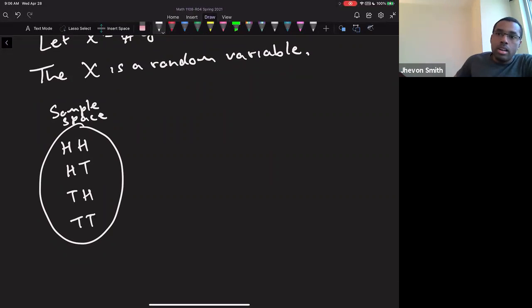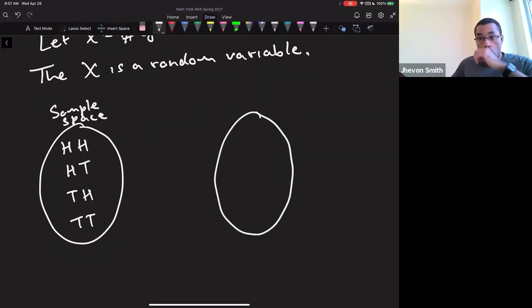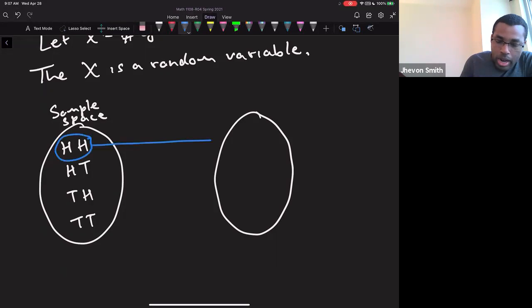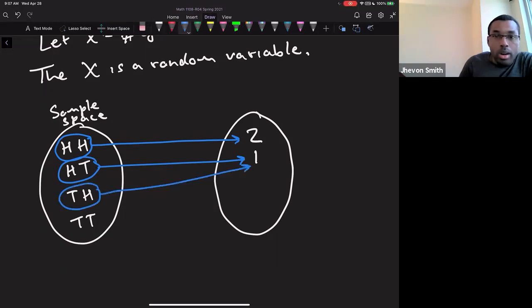What our X does is our X outputs one of three numbers, right? If this is the event that occurs, it will output the number 2. If this is the event that occurs, it will output the number 1. If this is the event that occurs, it'll output the number 1. And if this is the event that occurs, it will output the number 0.